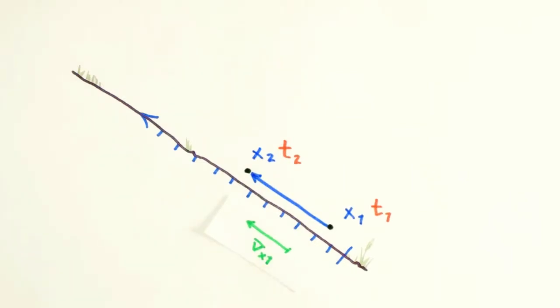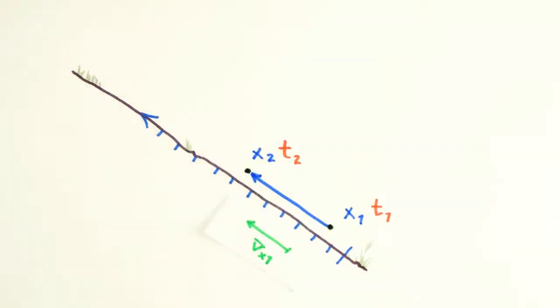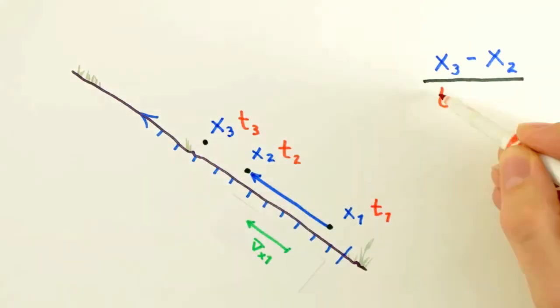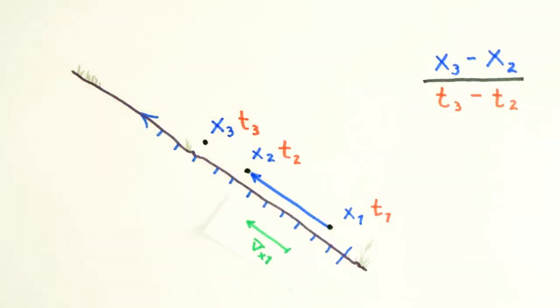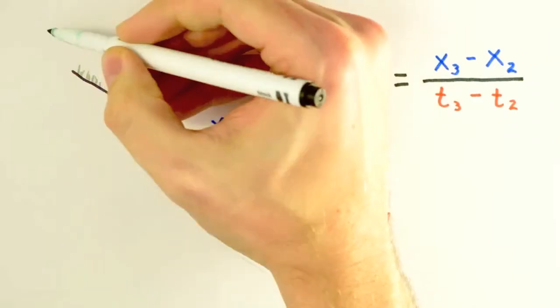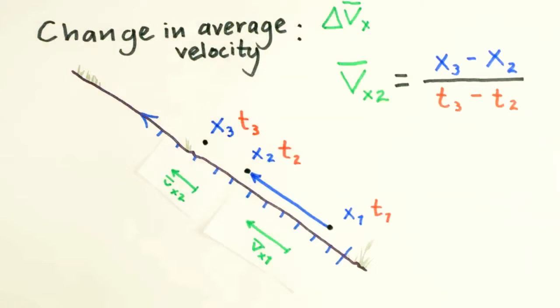Notice we added a subscript 1 because we're now keeping track of multiple velocities, and that this required a pair of positions and corresponding times. We need to measure at least one more position and time to obtain a new displacement and change in time so that we can compute another average velocity, Vx2. Then, the change in average velocity, delta Vx, will be given by the difference, the final average velocity, Vx2, minus the initial average velocity, Vx1.